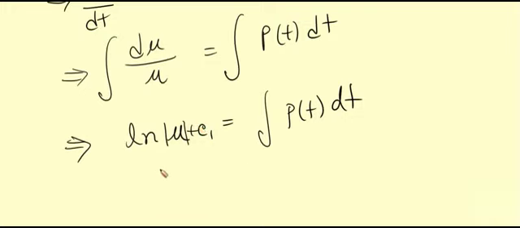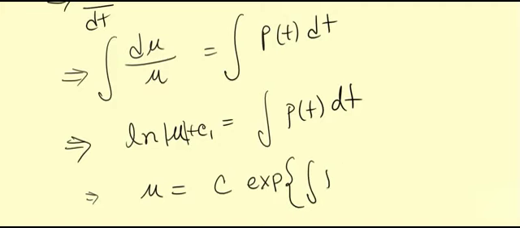After all this is done, you can invert this relation. You take the ln to the other side, applying the inverse of ln, the exponential operation, and you will finally have mu equals some constant c, obviously not equal to this c over here, times the exponential, where the exponent is just the integral of pt dt.